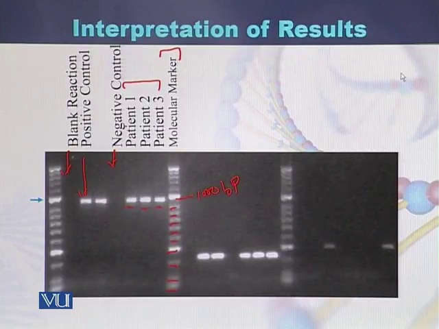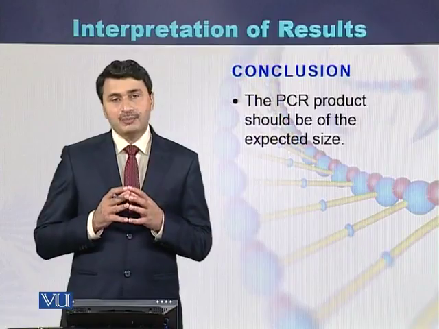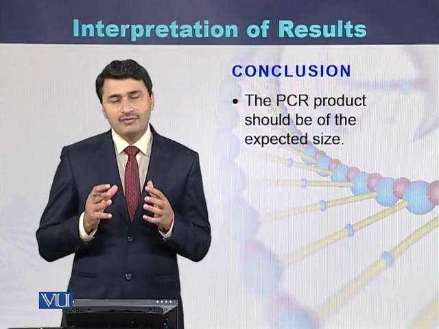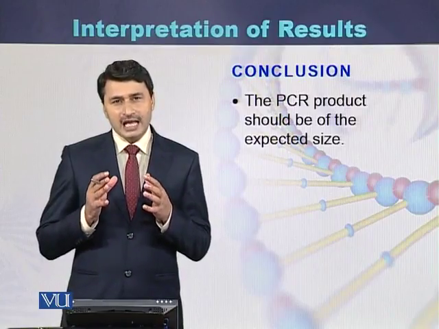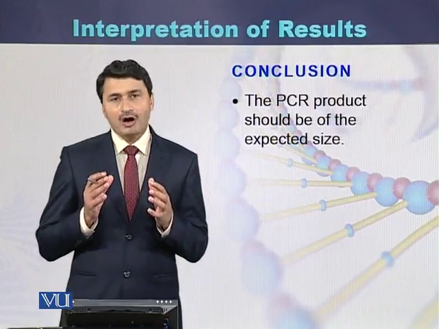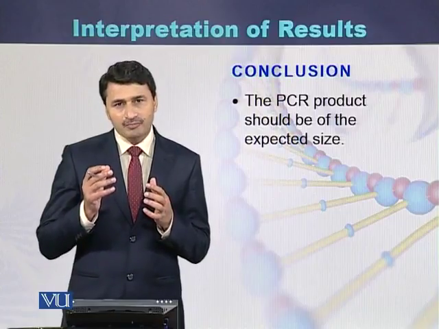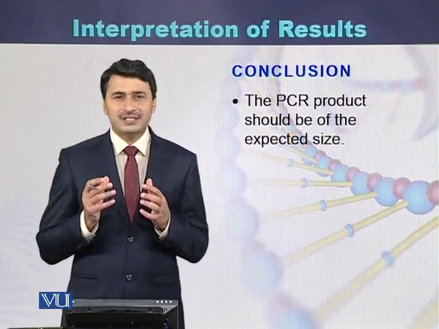Here we can see the results are according to our expectations. So if we conclude, the expected size of the band of the PCR product should be the same size as what we were expecting before performing the PCR reaction.